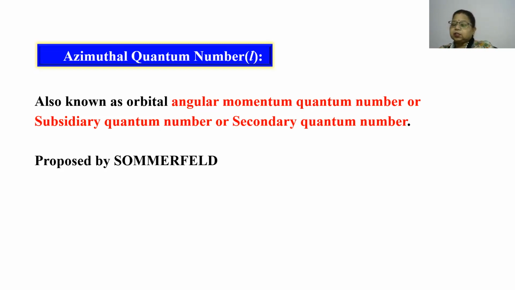Now, can anybody tell me what does l signify? You have understood that n tells us about the average energy and average distance from the nucleus. But similarly, what does l tell us? L says about the subshell of the atom and it also signifies the three-dimensional shape of the orbital.